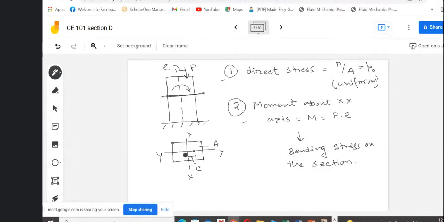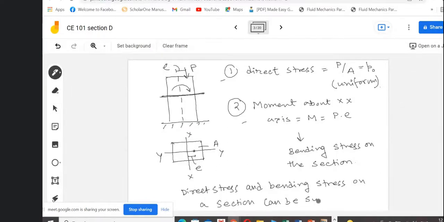But the main point is, both the stresses, this direct stress and this bending stress on a section, can be summed up algebraically. What do we mean by this algebraically?